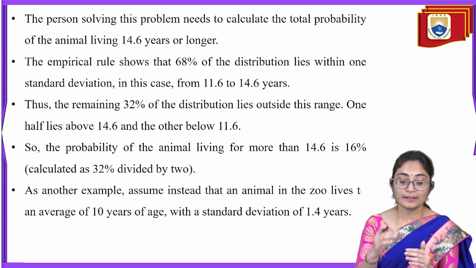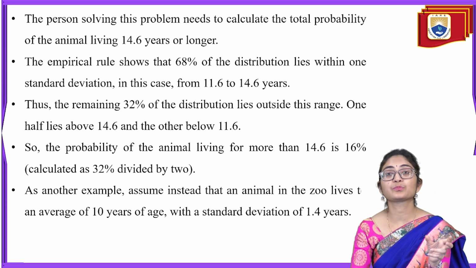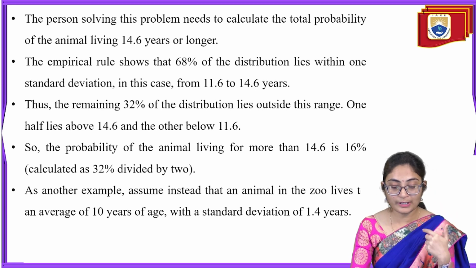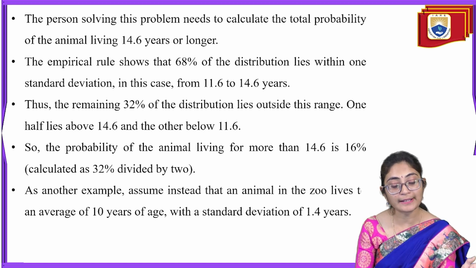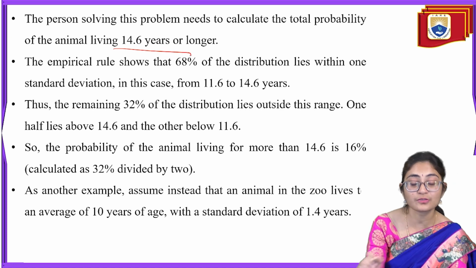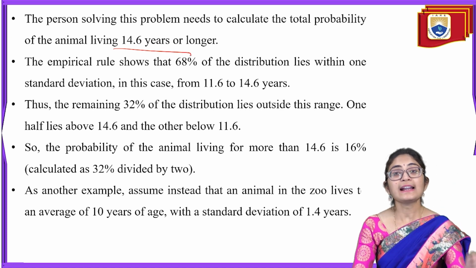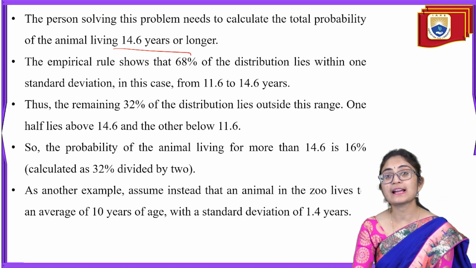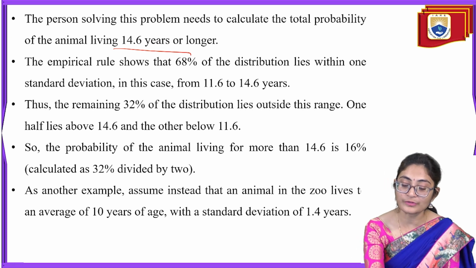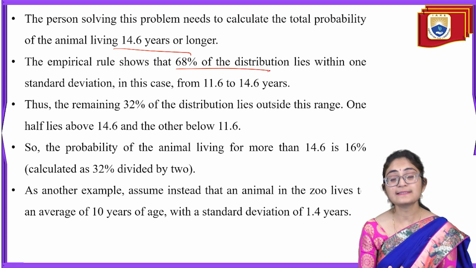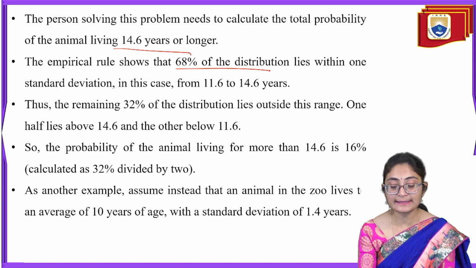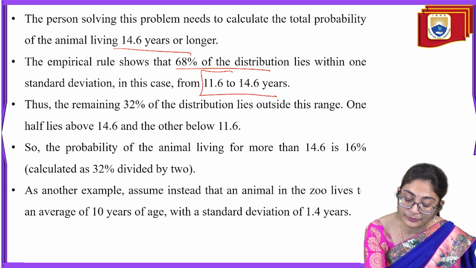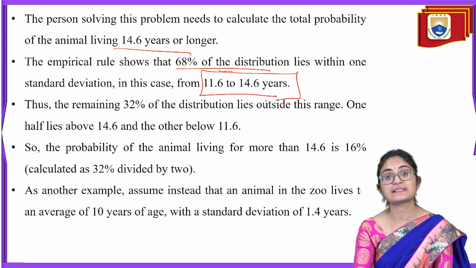So to solve this problem, we need to calculate the total probability of the animal living 14.6 years or longer. The empirical rule shows that 68% of the distribution lies within 1 standard deviation, and in this case, from 11.6 to 14.6 years.